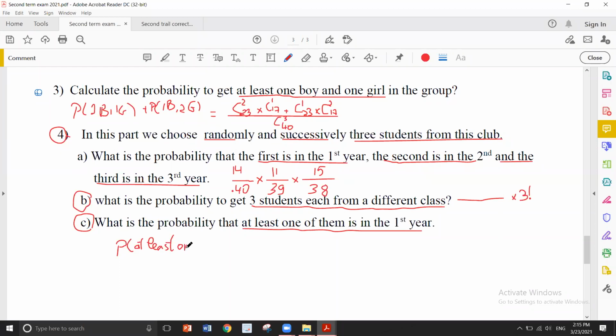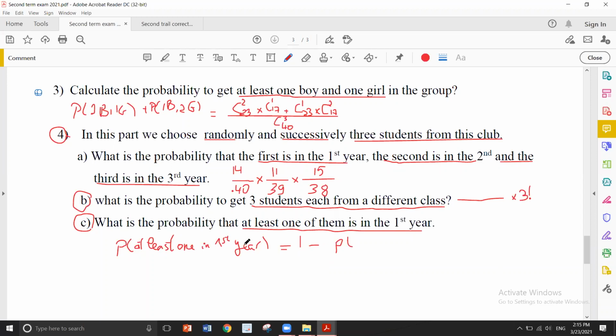It means one in first year, or two students in first year, or three students in first year. But that is long, so I solve it by the opposite event. Always with at least one, I solve it by the opposite event.